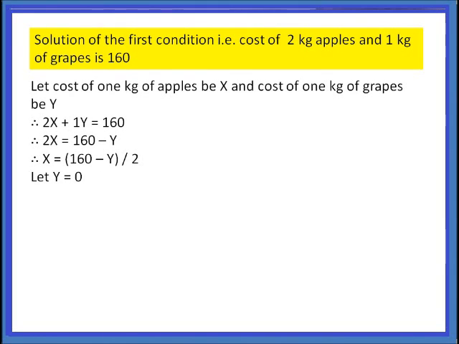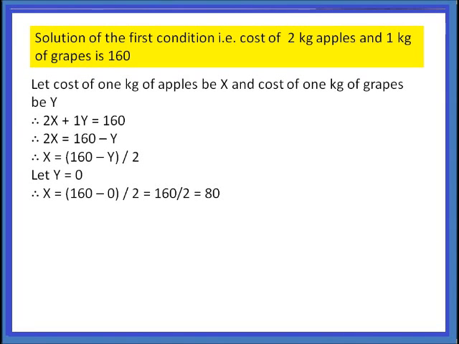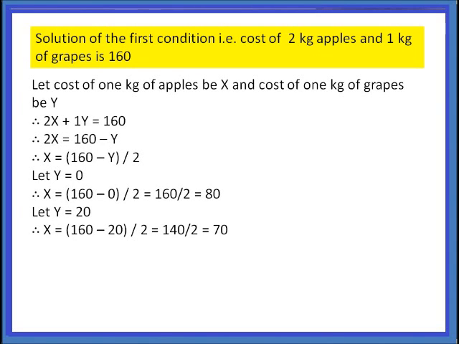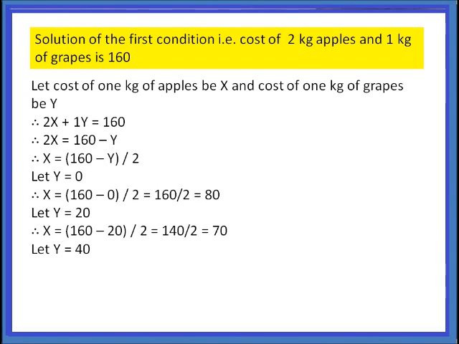Let y is equal to 0. Therefore, x is equal to (160 minus 0) upon 2, that is 160 upon 2, which is equal to 80. Let y is equal to 20. Therefore, x is equal to (160 minus 20) divided by 2, that is 140 upon 2, which is equal to 70. Let y is equal to 40.